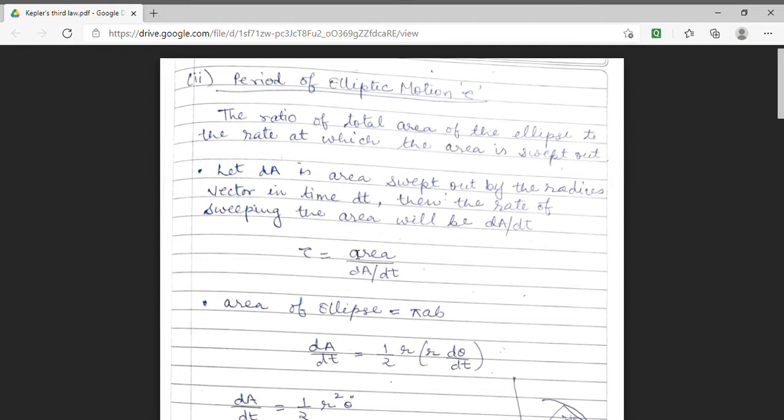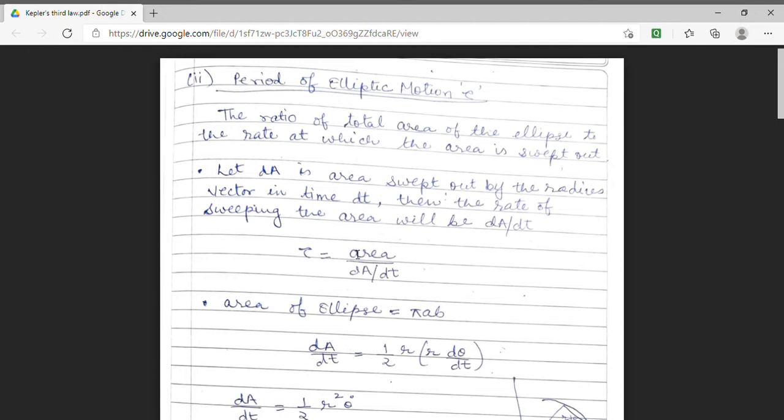Now we will deal with the case in which the conic section is elliptical, that means epsilon less than 1 and the motion is periodic. So we will derive the time period of this elliptical motion.